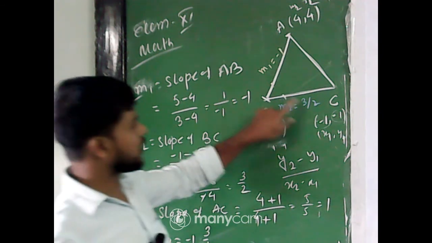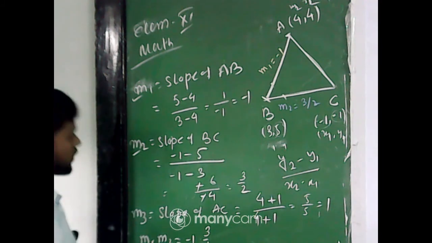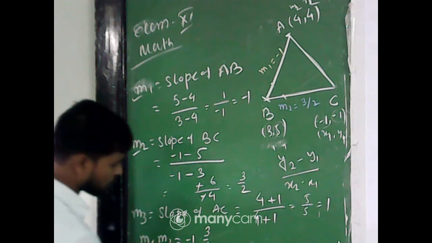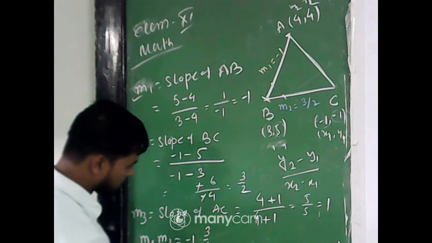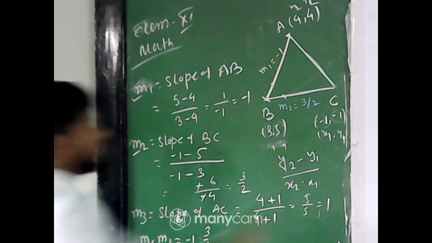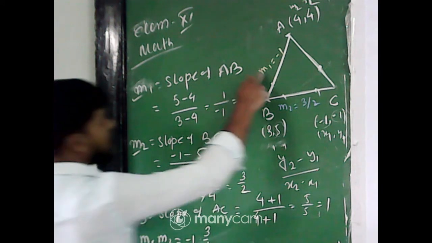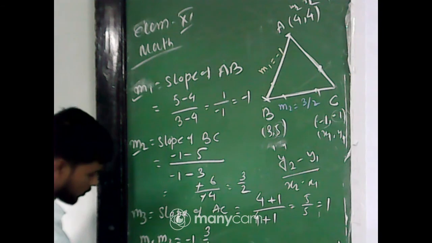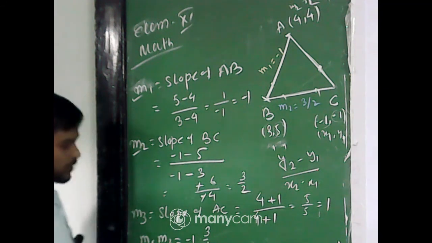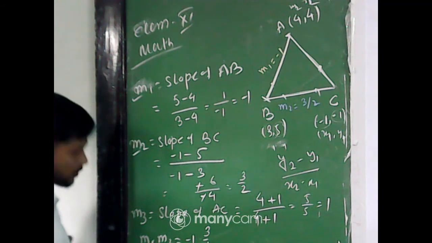Now check whether this line and this line are perpendicular, meaning m2 and m3. m2 into m3: m2 equals 3 by 2 and m3 equals 1. Obviously this is not equal to minus 1, so BC and AC are not perpendicular to each other. Now calculate m1 and m3. m1 equals minus 1, m3 equals plus 1, so the product is equal to minus 1.